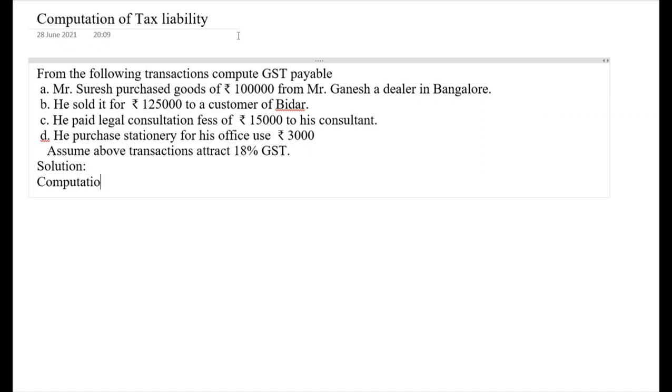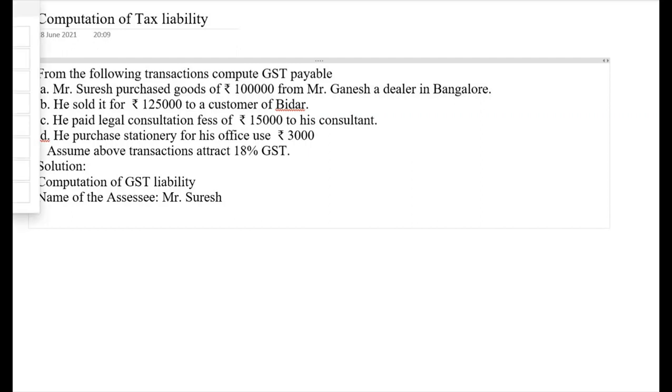Computation of GST liability. Name of the assessee, Mr. Suresh. Let me insert the table here.